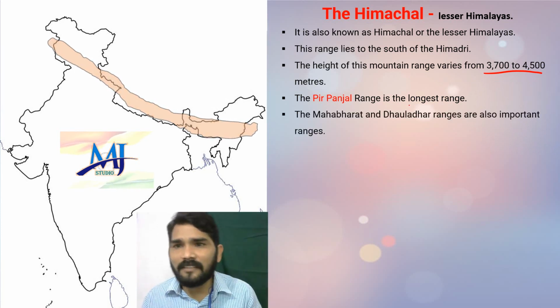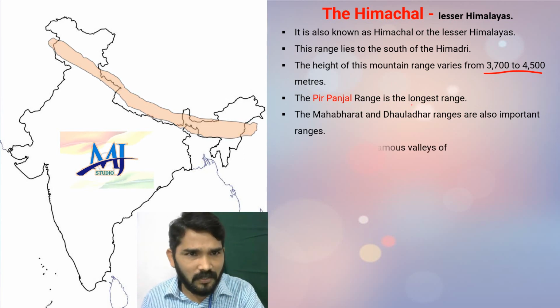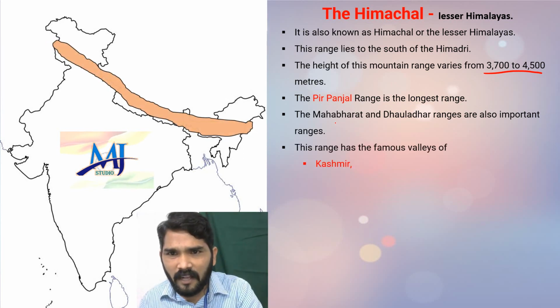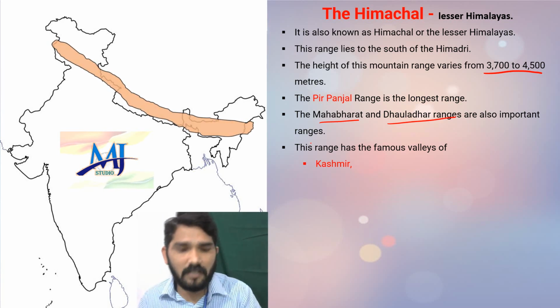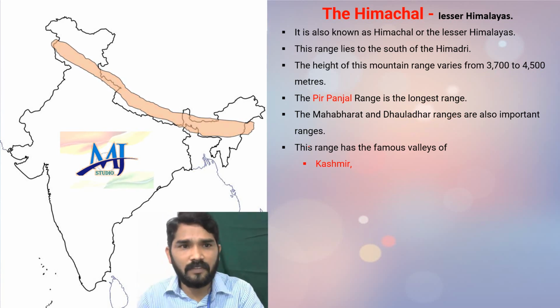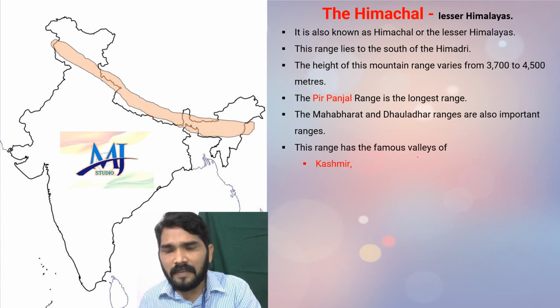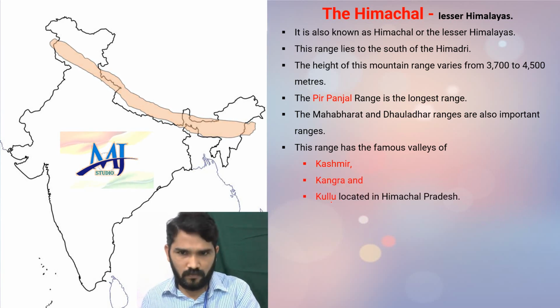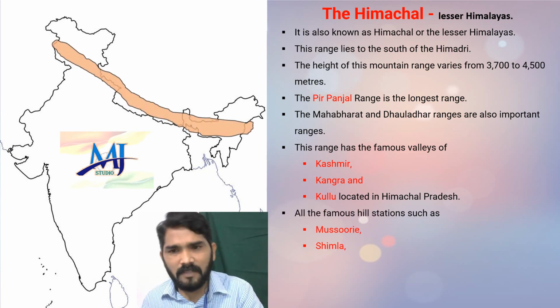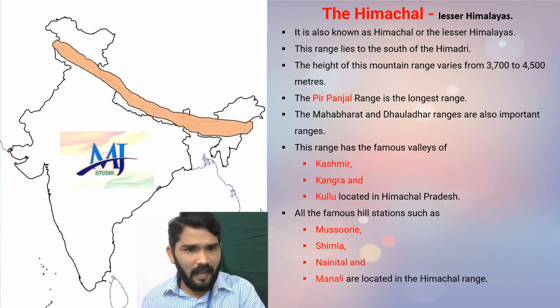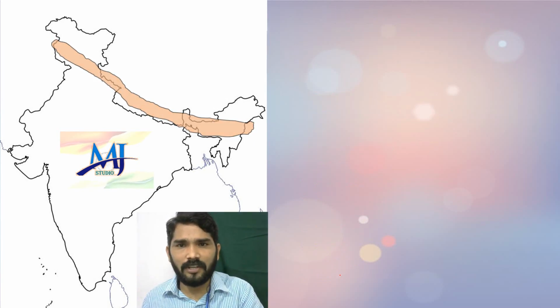The Pirpanjal range is the longest range here, and we also have the Mahabharat and Dauladar ranges, which are also very important ranges in this area. This range has the famous valleys of Kashmir, Kangra, and Kulu. All the famous hill stations such as Mussoorie, Shimla, Nainital, and Manali are located in this Himachal range.